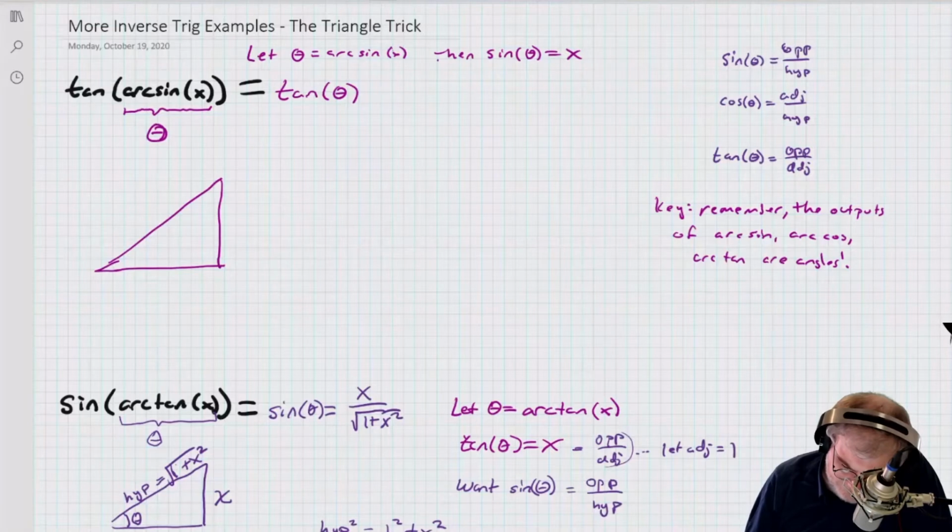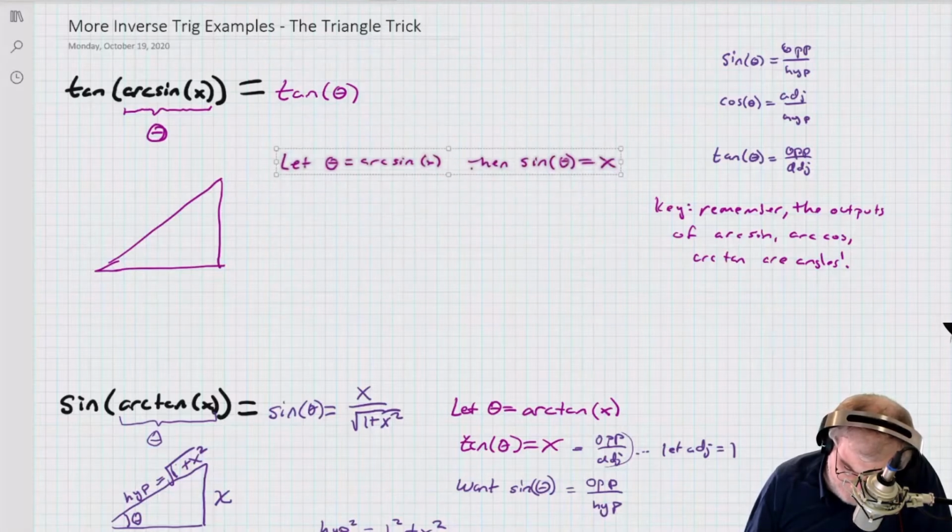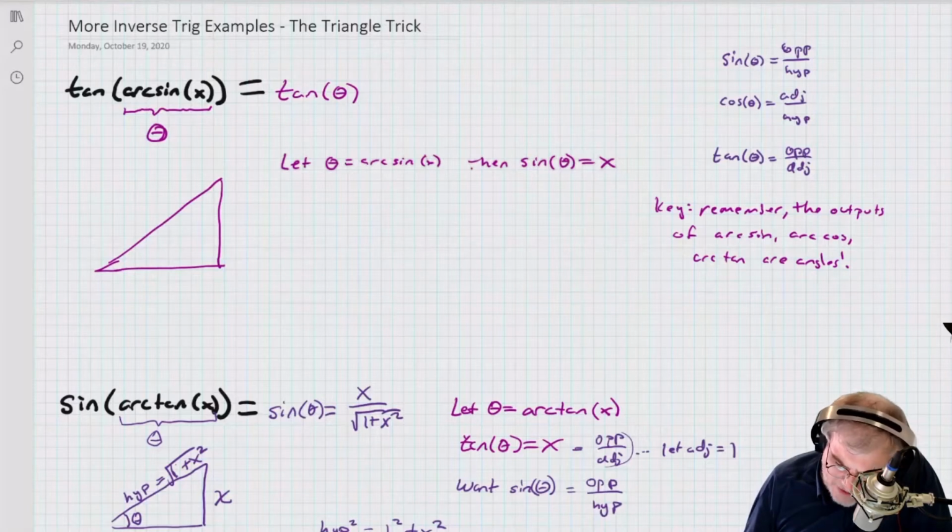I'm just going to bring this down a little bit here. And this is kind of the key. Sine is opposite over hypotenuse, right? So here's opposite, here's hypotenuse, and here is adjacent.